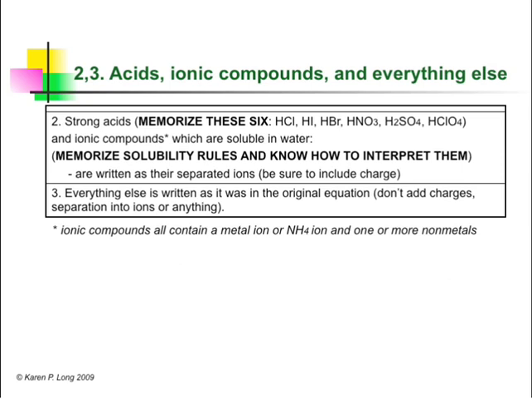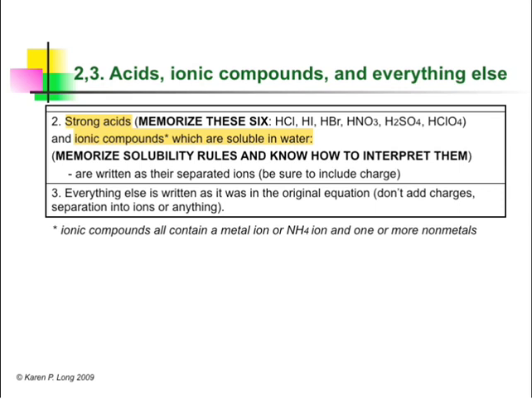Acids, ionic compounds, and everything else. Here are rules 2 and 3. Rule 2 lists the substances that should be written as ions: strong acids and ionic compounds which are soluble in water. Not all ionic compounds, just the ones that are soluble in water. We know that these things ionize in water because their solutions strongly conduct electricity, making a light bulb light in a conductivity apparatus. Strong acids are defined as those acids that essentially completely ionize in water.